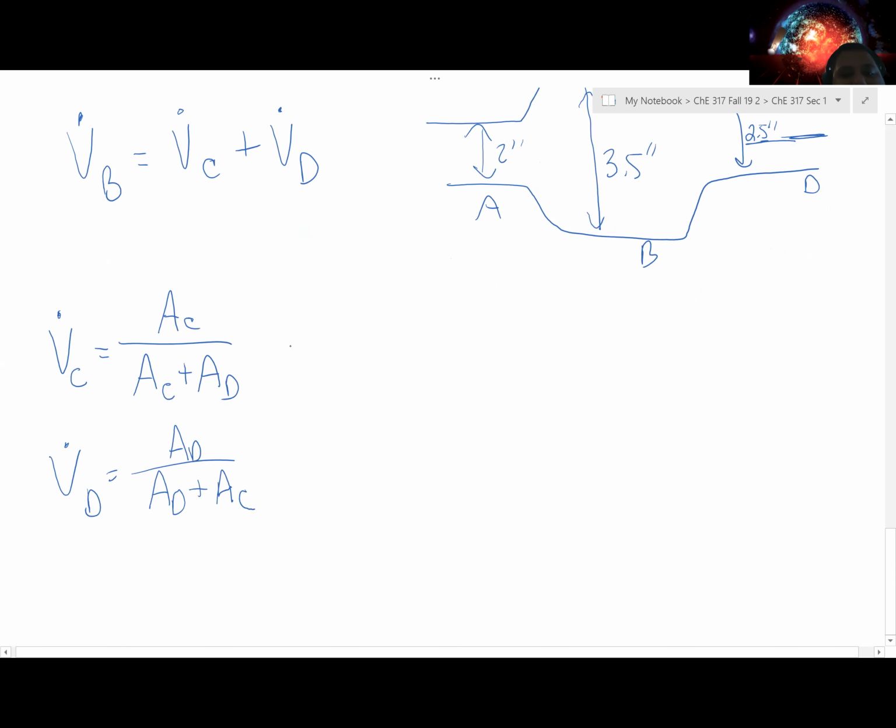And that would be times the volumetric flow rate of B. So that tells you the relative contribution of that pipe area or that section over the total flow.